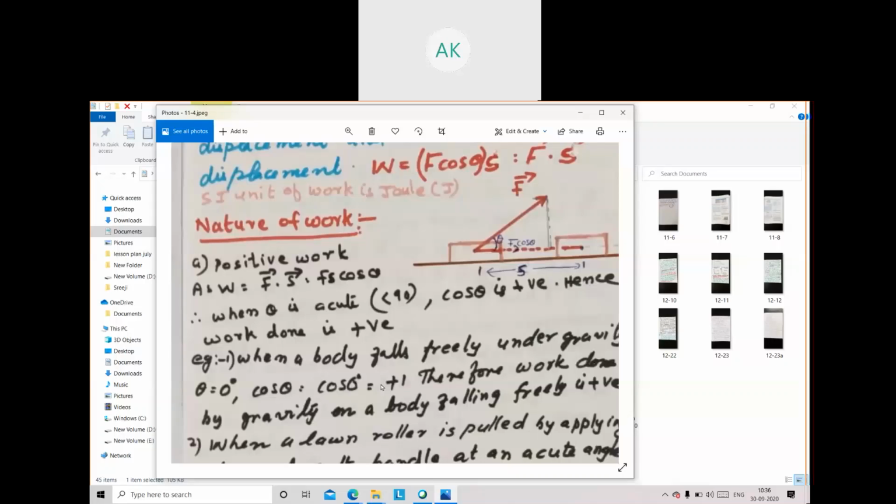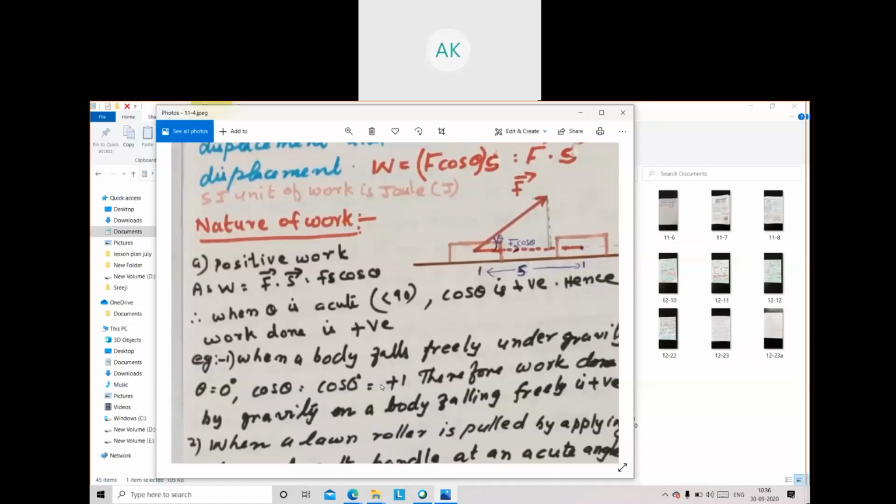Ma'am, when a body is moving in a horizontal path and we apply force. Okay, correct answer. So when we apply a force and the body also moves in the same direction, for example, we exert force on a table to move it towards east.